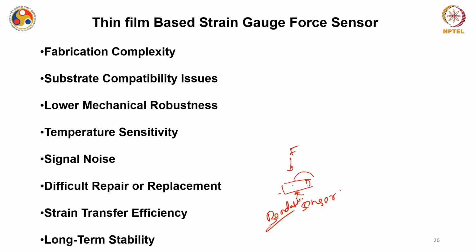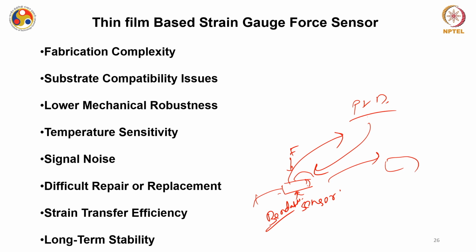Now, you want to apply a thin film based strain gauge. What you have to do is take this inside a PVD system. Now, the PVD system will have limitations: it may not allow this kind of substrate to be inserted into its chamber, or at its substrate holder. This device can be of various shapes which may not fit over here. So, there is fabrication complexity associated with this thin film based strain gauge force sensor.